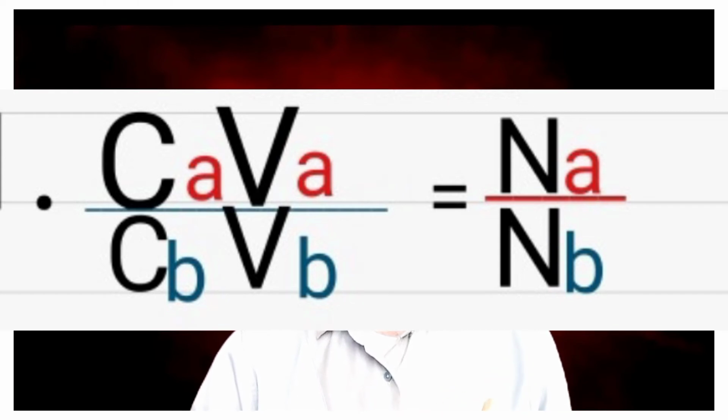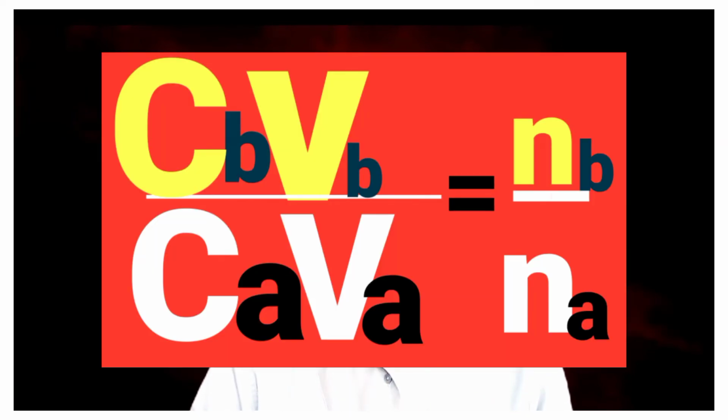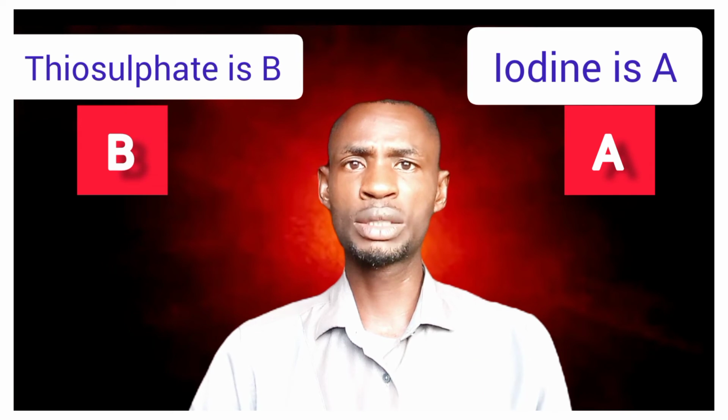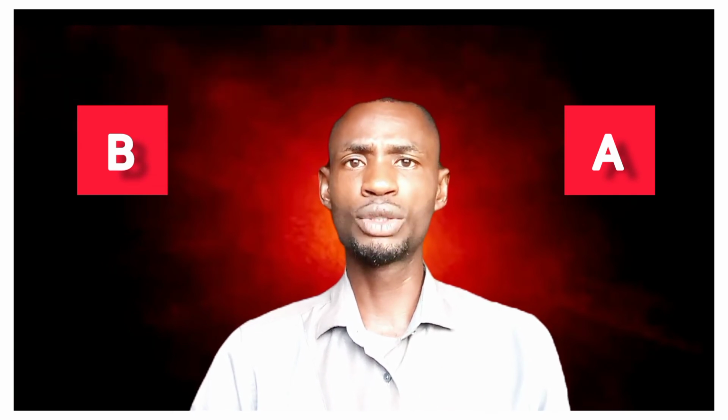But we are not doing that today, just because what we fill into the burette is thiosulfate, and from the symbol in the question, thiosulfate is B. So we were supposed to have whatever is in the burette over what we pipetted, and that's why we are having that formula that way. When you make Ca the subject of the formula, you are going to earn yourself another 1 mark.